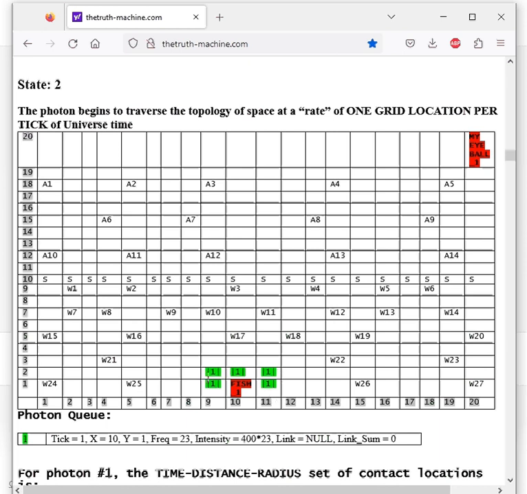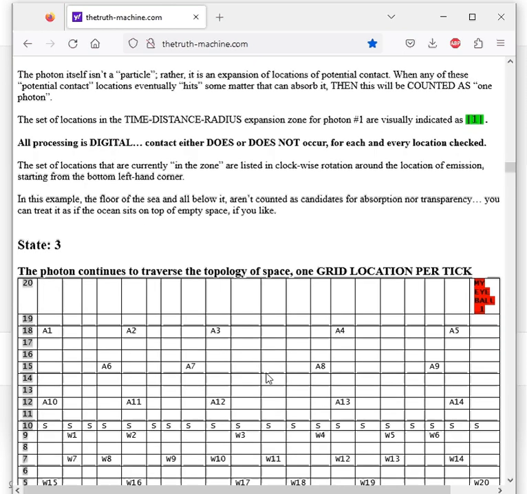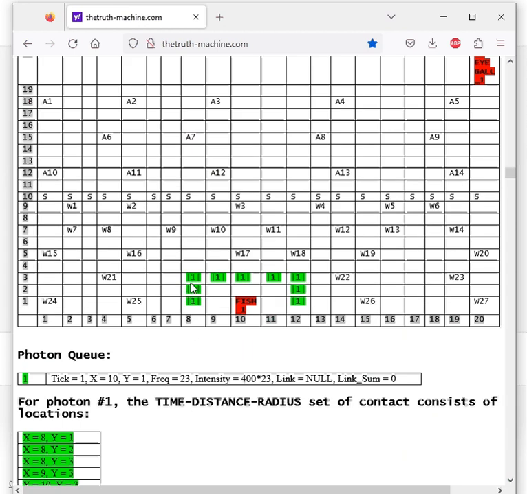And what it is, it's covering various potential locations of absorption. So right in the first tick of time, it's covering these potential locations of absorption. In the next tick of time, it covers these. So every tick of time, the light is going out one more of these units of space.